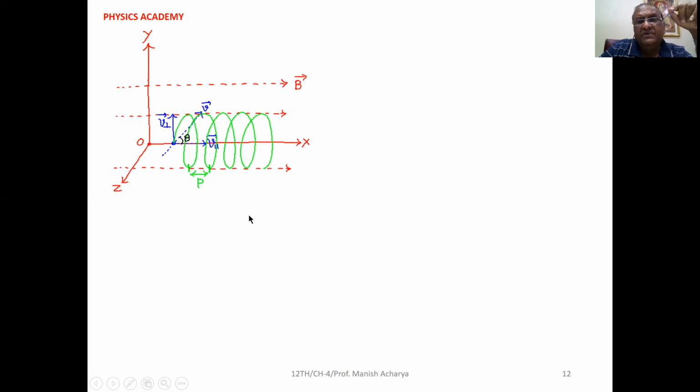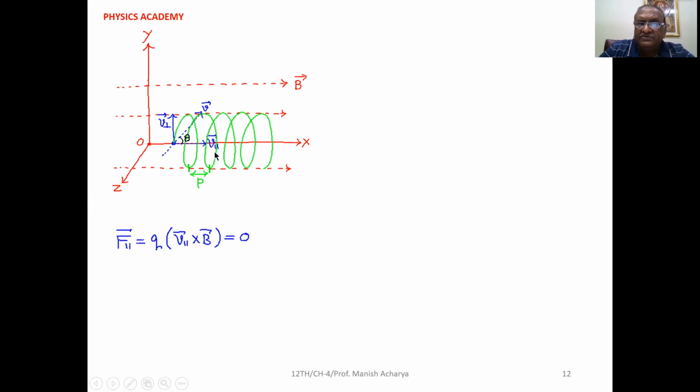Now, we already discussed this thing. If velocity is parallel to the magnetic field, then force will be zero. So here we can write this thing in the direction of the magnetic field.